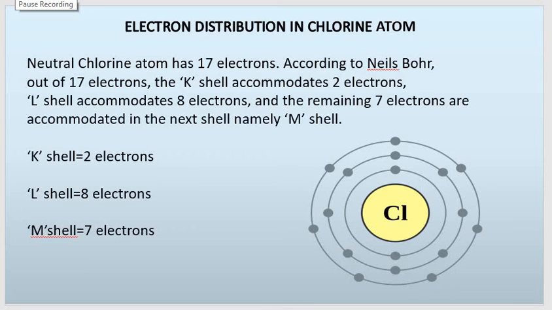So the electron distribution in chlorine atom will be as follows: 2 electrons in the first shell, that is K shell, 8 electrons in the second shell, L shell, and the remaining 7 electrons in the third shell, that is M shell. So the 17 electrons get distributed in the 3 shells in this way.